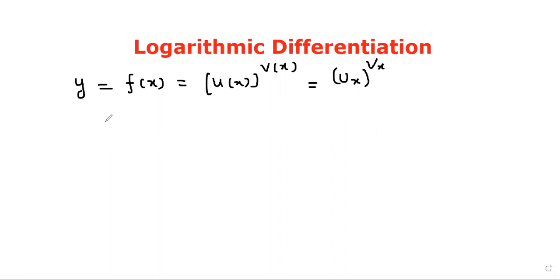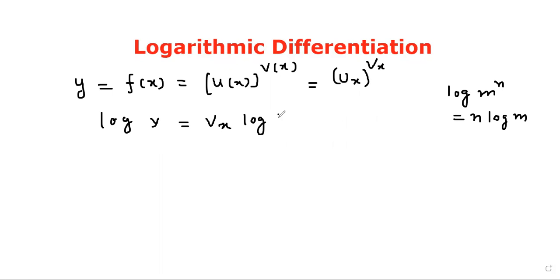Now we can take log. We know that log m power n is equal to n log m. So it will become log y equal to v(x) log u(x). We assume it as a product of two functions and we differentiate.